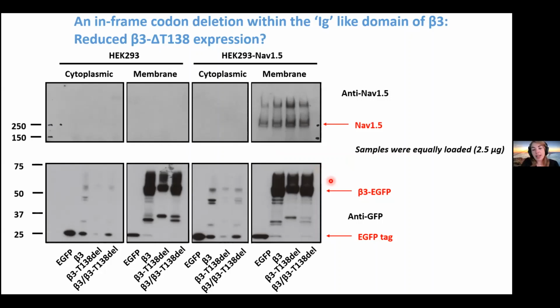And here it looks like, although they're all massively overexpressed as expected for a transient transfection, the wild type beta 3 seems to be more abundant than the T138. However, this didn't correlate to a change in total NaV1.5 expression. They're largely similar, or if anything, the NaV1.5 was actually more abundant in the deletion of the T138 sample.